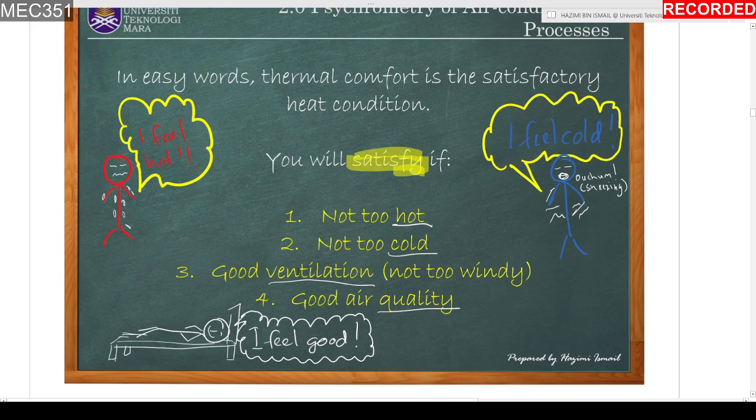That means there is wind motion or air motion in our room, but we also do not want it too windy, terlalu angin kuat, kita tak mahu kan. Dalam bilik kita nak dia juga ada pergerakan angin. That's what we call ventilation, pengudaraan.